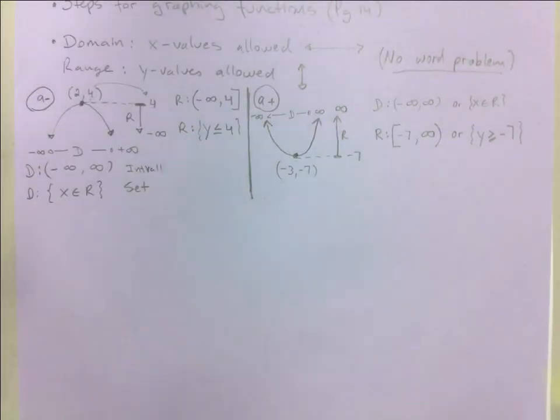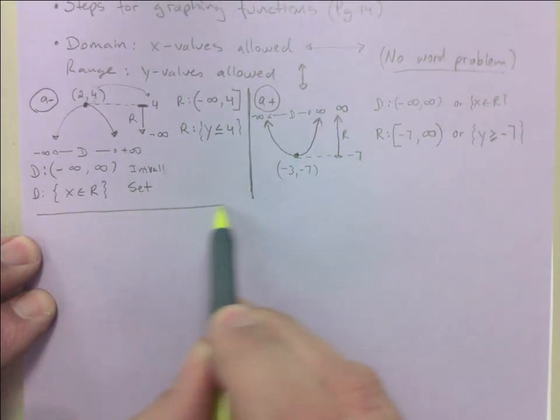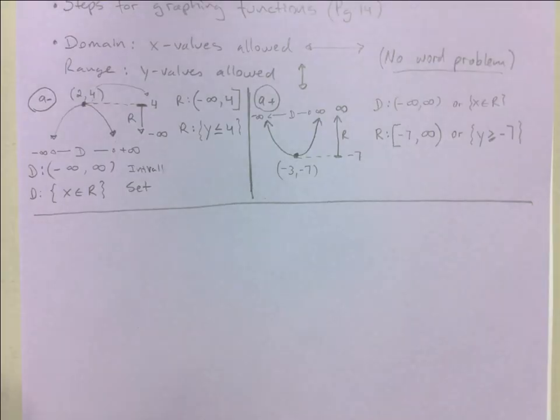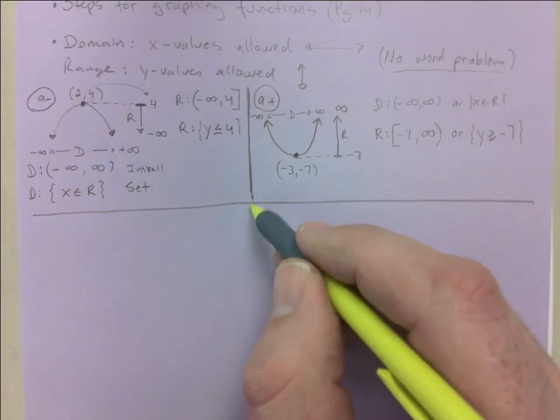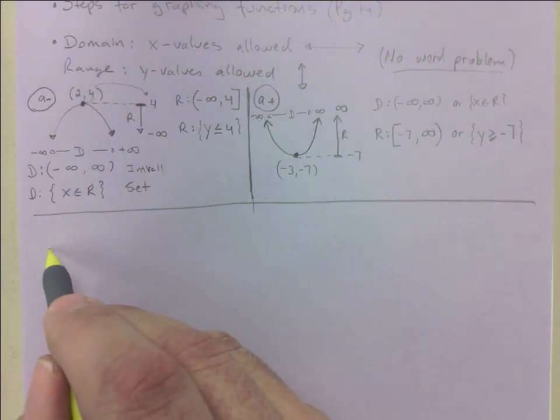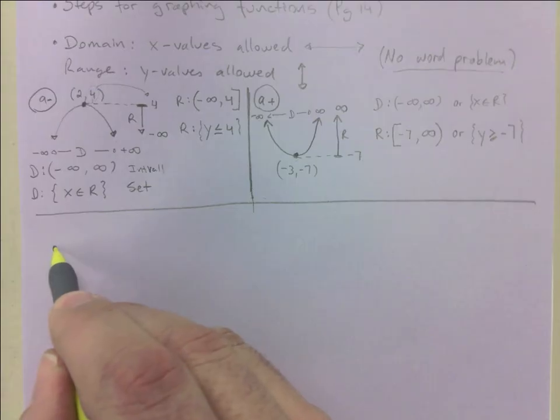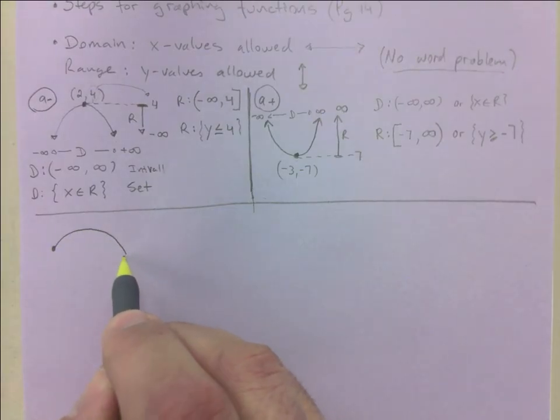Let's do two. These are like general examples. Let's do some odd ones. Okay, so I'll ask you to copy at least 2 of these. So let's say you would have something like this.